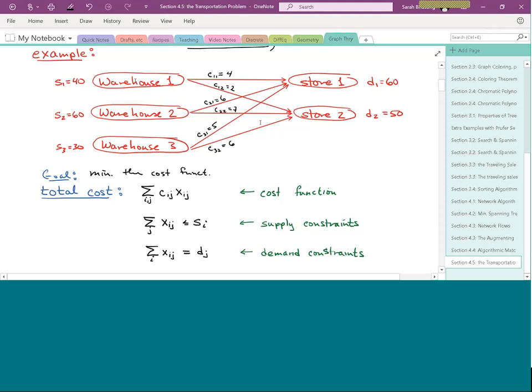Maybe up here with warehouse 1, because the costs are so low, we ship out all of the goods stored at warehouse 1, and those goods would be completely depleted. Maybe they would be shipped only to store 2. Well, there's still some left over, so you have to get some of the extra stuff from somewhere. Maybe you ship it only to store 1. Still, store 1 wants more, so somebody else has to supply store 1 too. Or maybe it's split between the 2. And that's what we're going to have to figure out.